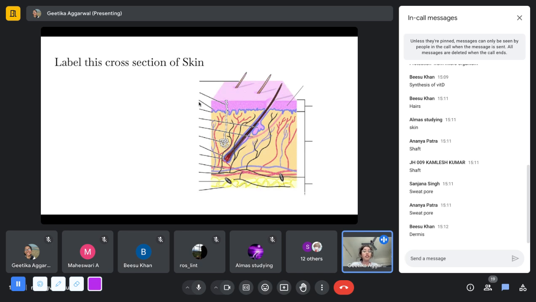One of them is the epidermal ridge, and the other one is the dermal papillae. So we have skin divided into three different layers. As I discussed earlier, the uppermost layer is the epidermis, the middle one is the dermis, and the lower one is the hypodermis.